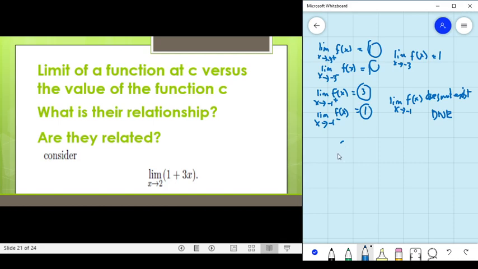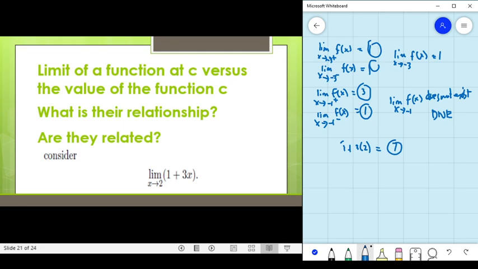As x gets closer and closer to 2 from the right, the value is 1 plus 3 times 2, which is 7. From the right of 2 it is 7, and from the left of 2 it is 7 also. This is the first illustration earlier.